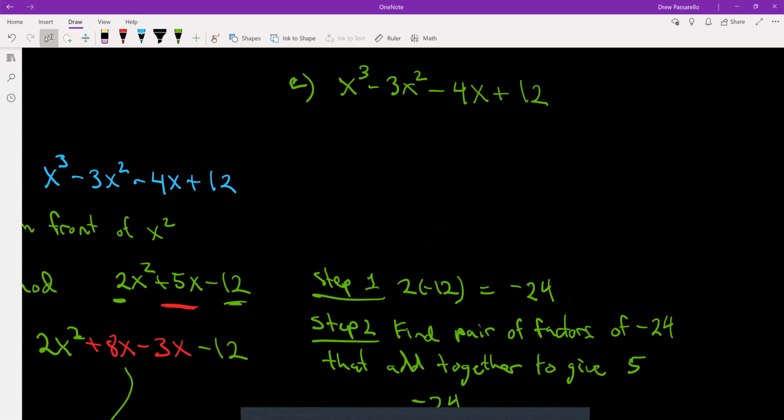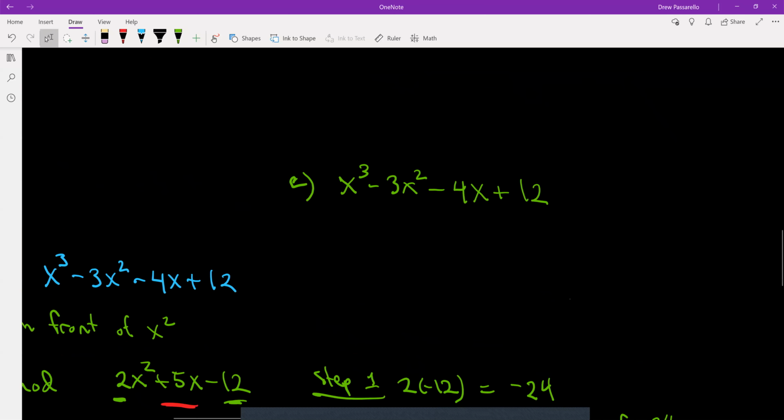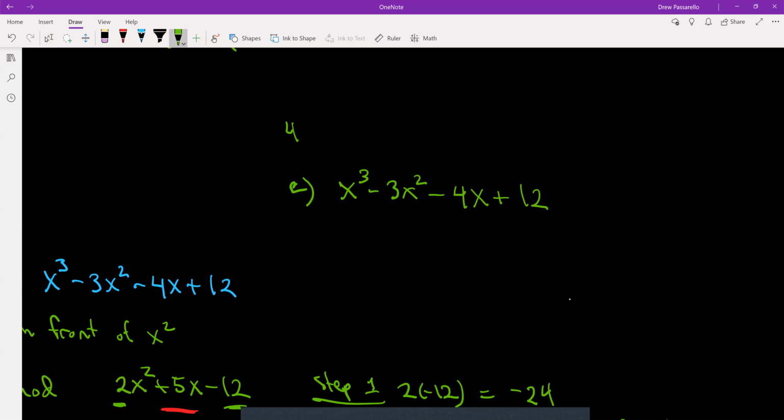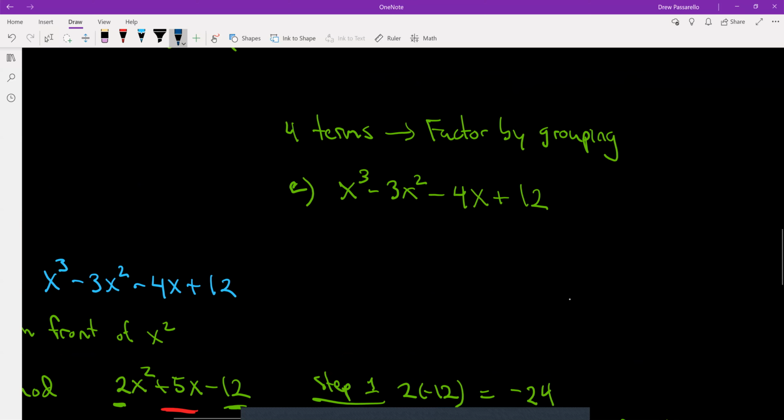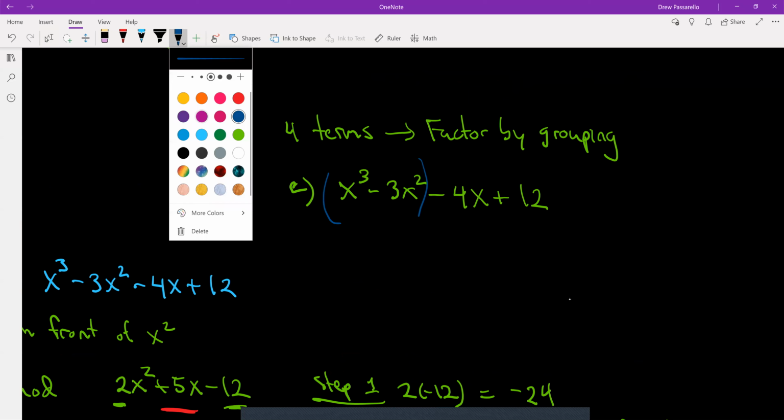I'm going to factor it by grouping. So I'm going to group the first 2 together just to see what happens, and then I group the last 2 terms together.